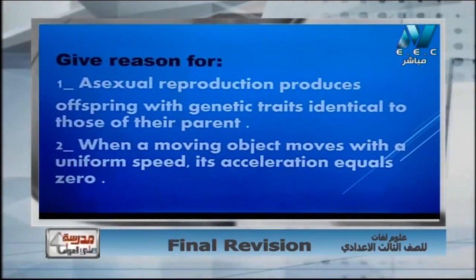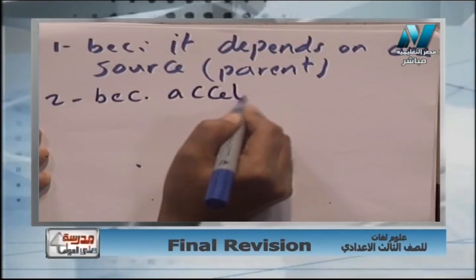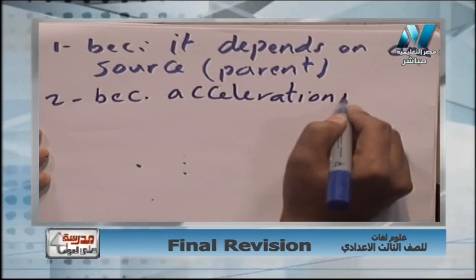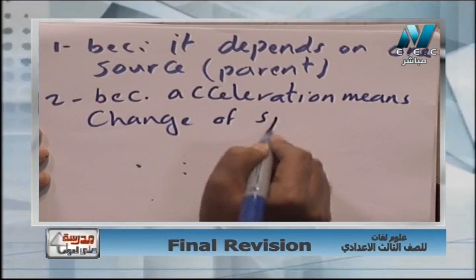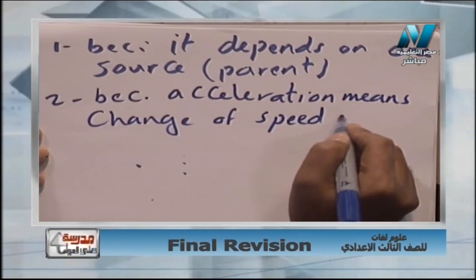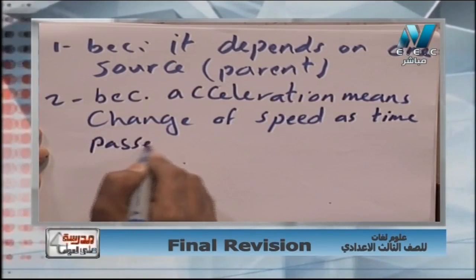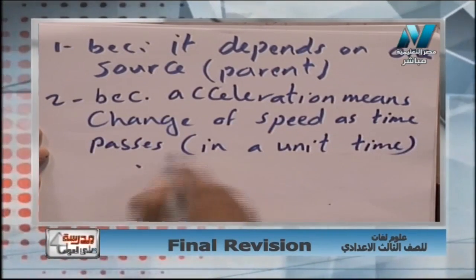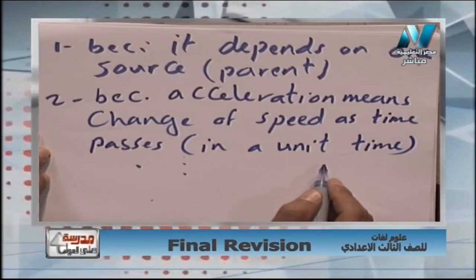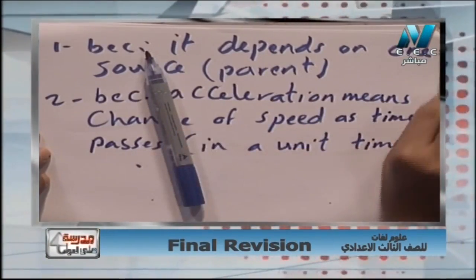So they are opposite, because acceleration means change of speed as time passes, or in a unit time. But here, regular speed or uniform speed means that the speed doesn't change by passing the time.